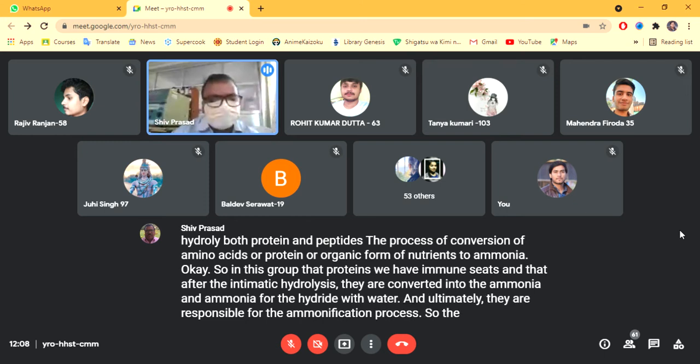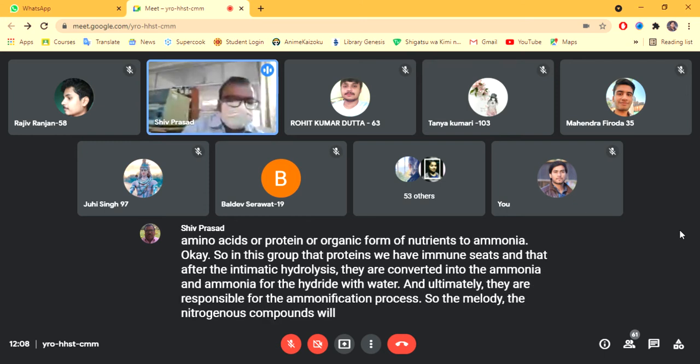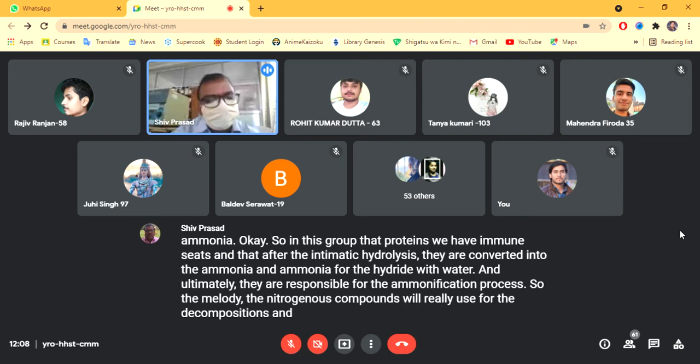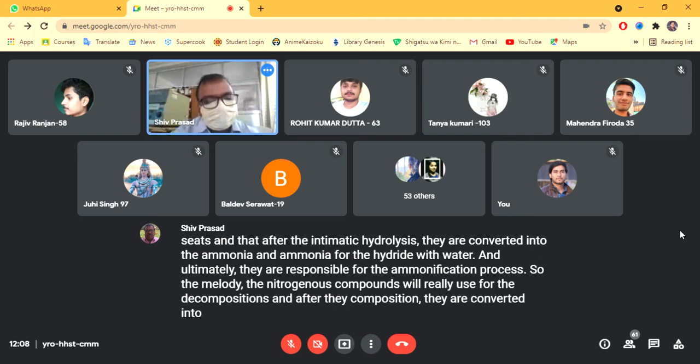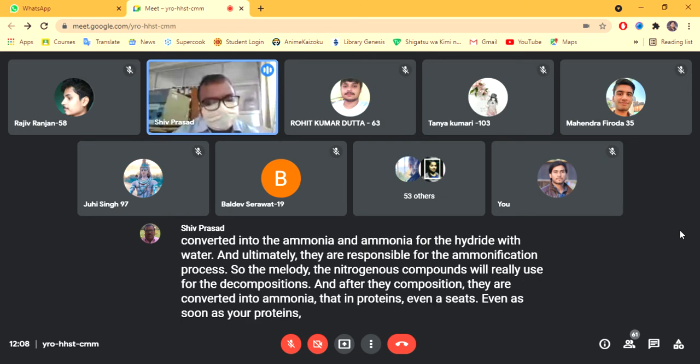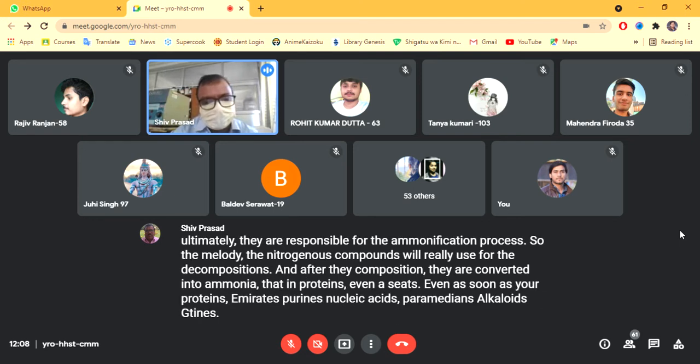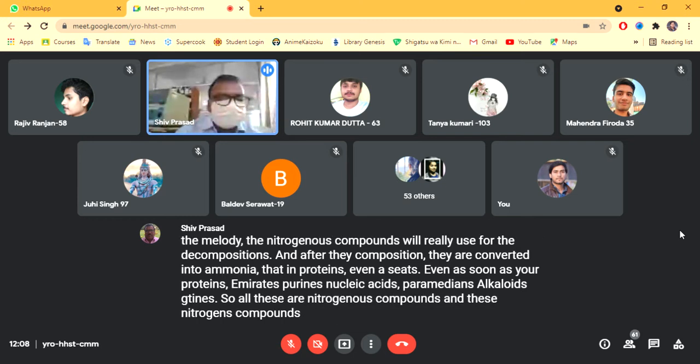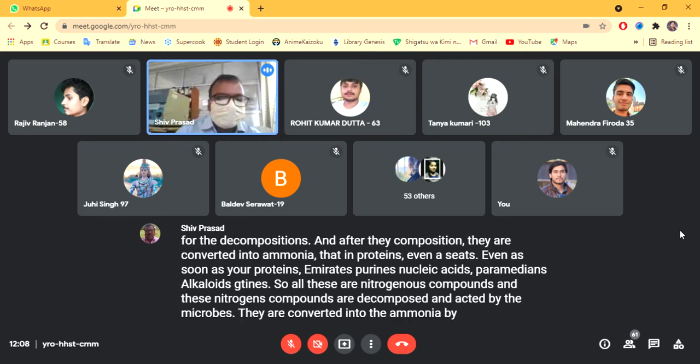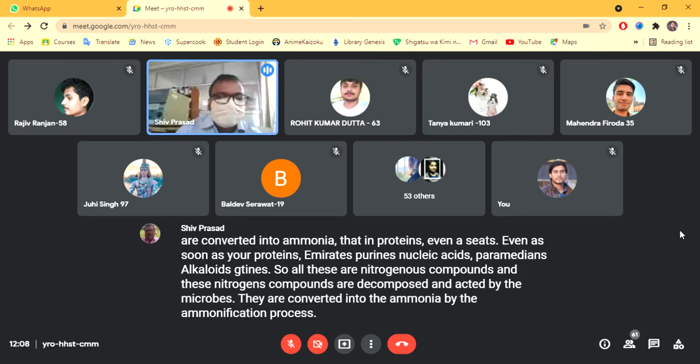The nitrogenous compounds mainly used for decomposition, which are converted into ammonia, are proteins, amino acids, amino sugars, nucleoproteins, amides, purines, nucleic acids, pyrimidines, alkaloids and chitins. All these nitrogenous compounds are decomposed and acted on by the microbes and converted into ammonia by the ammonification process. Mainly heterotrophic microbes actively participate in this process.